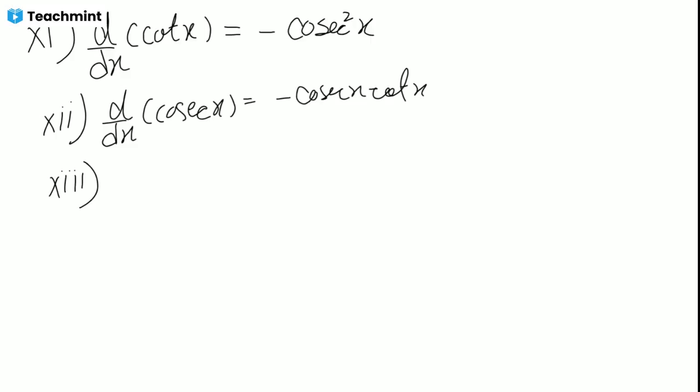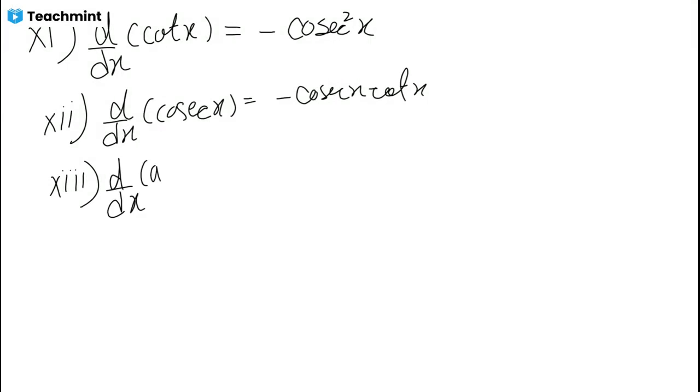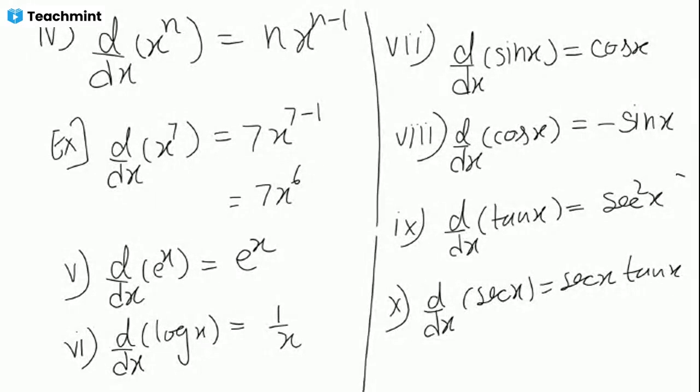These are the main formulas till this 13. And differentiation of a to the power x, a is any constant, is equal to a to the power x into log a.